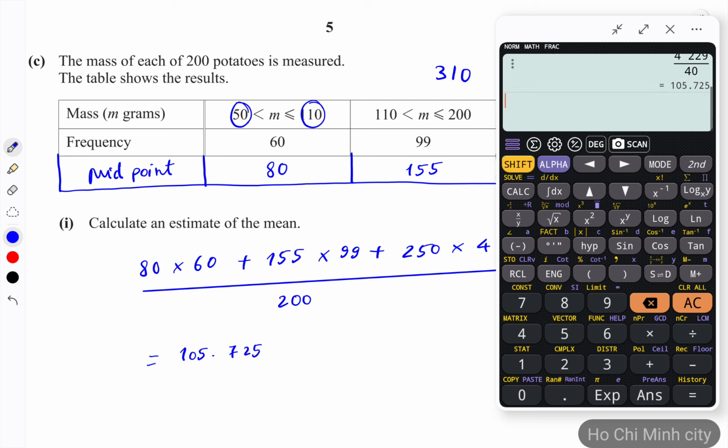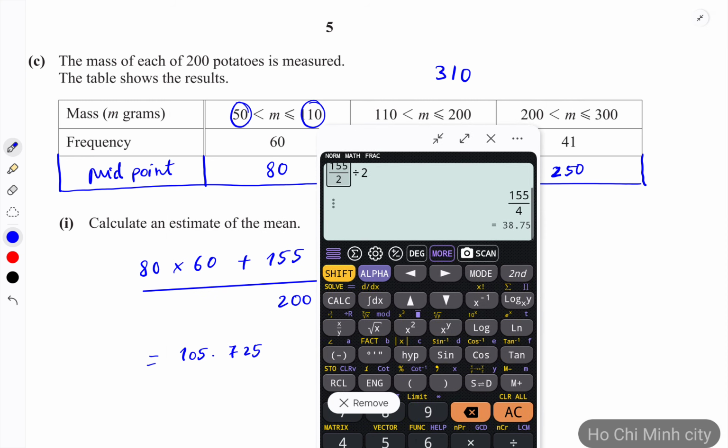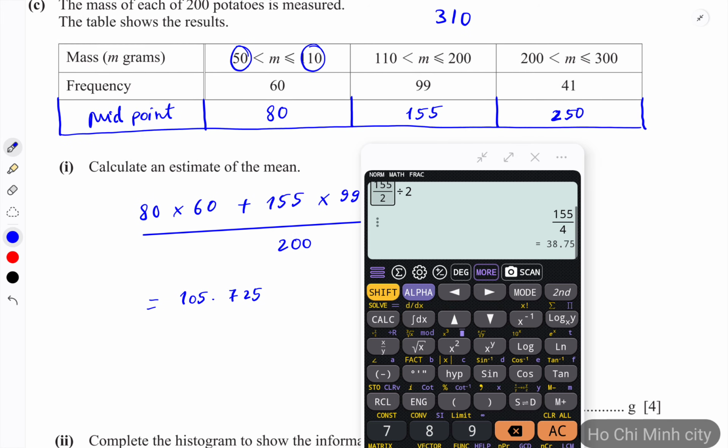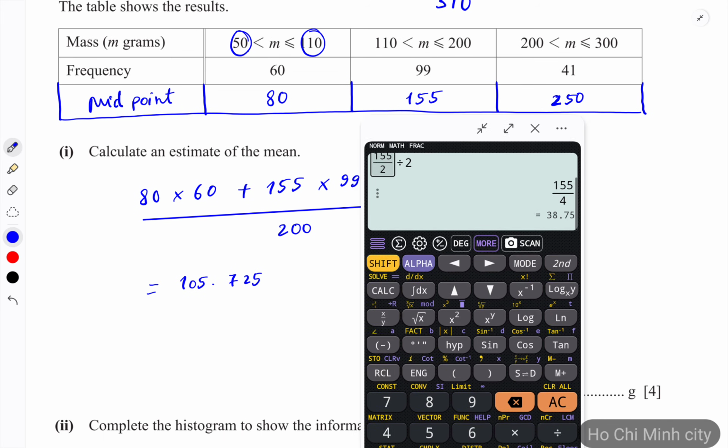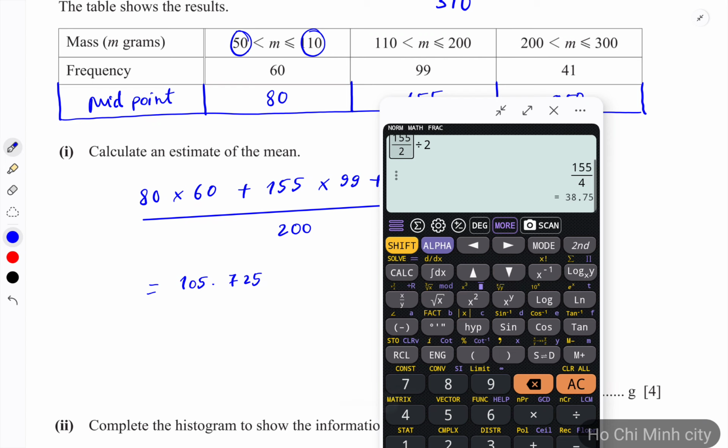Oh, I think I've made a mistake. Divided by 2, right? 155. And here is 250. All right, so take the midpoint.